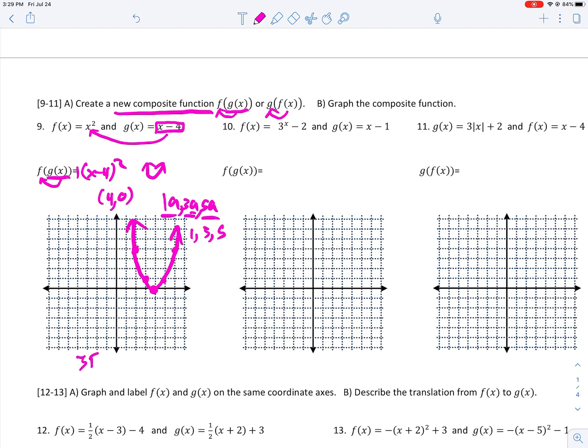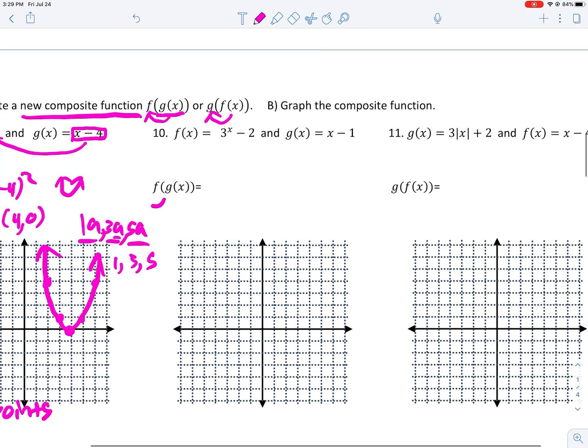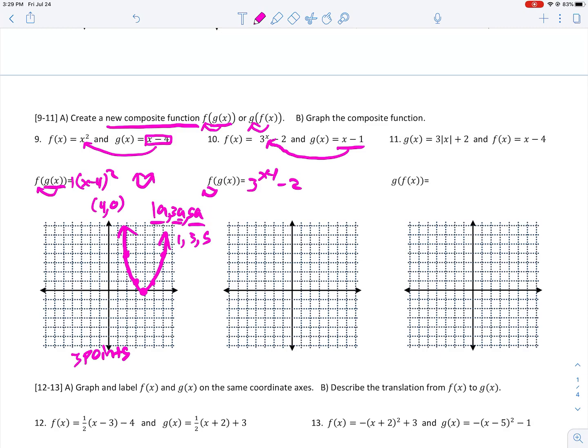And again, we need our 3 points. Okay, so next one, take G, plug into F. So here's G, plug it into F. So 3 to the x minus 1 minus 2. Okay.